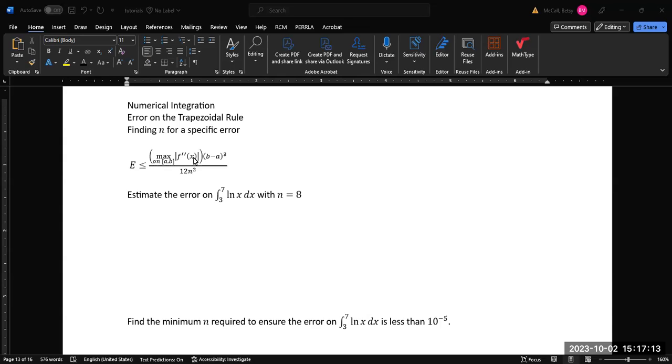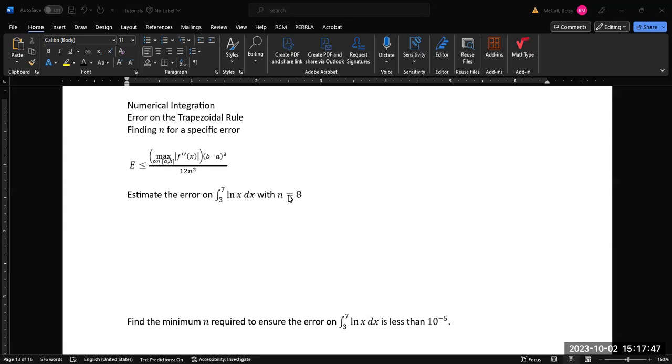So we're going to use this general formula, and the error formula depends on the second derivative of the function that we're integrating, and it's also going to depend on the n that we use. If you've seen the previous trapezoidal rule video, you saw that we estimated this integral of log x with n equals 8, and based on the calculator value versus the value that we got, we were somewhere around a 0.01 difference.